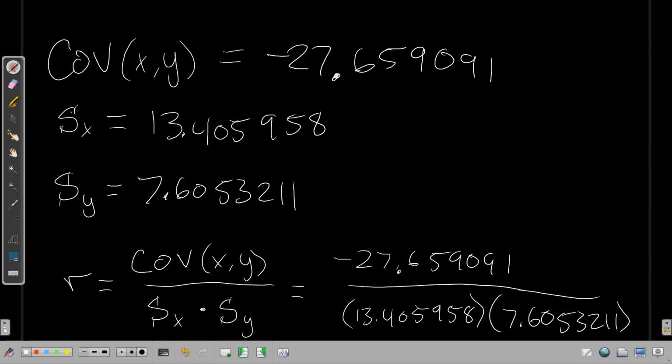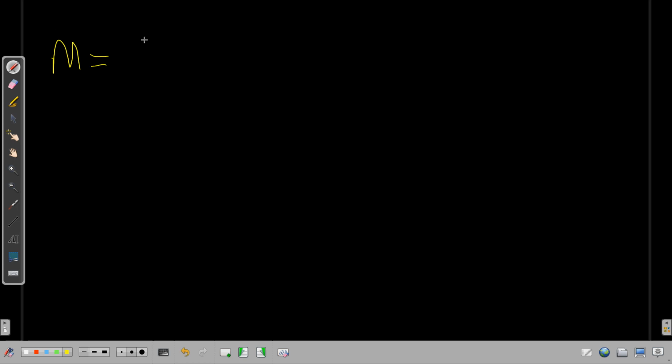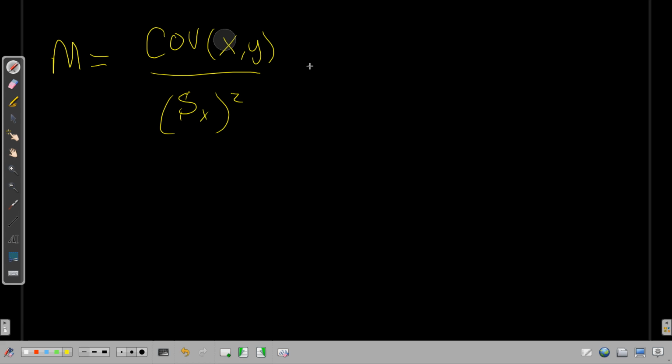And now I can construct my best fit line. I will get the slope. The slope is just the covariance of x and y over the standard deviation in the x direction squared. Well, that standard deviation in the x direction was 13.405958.